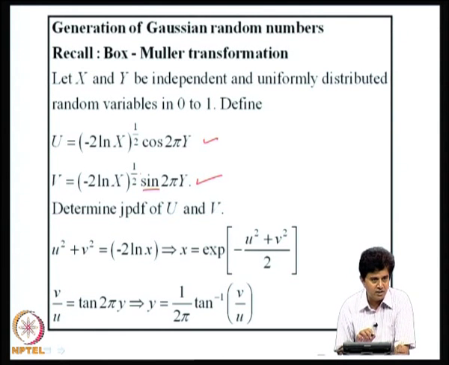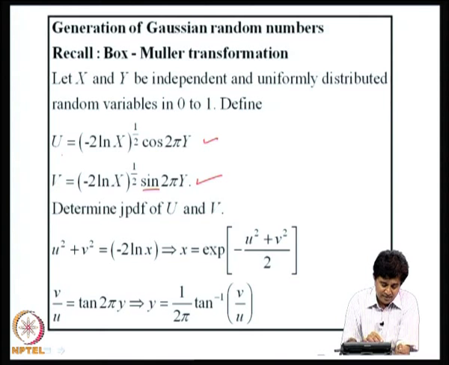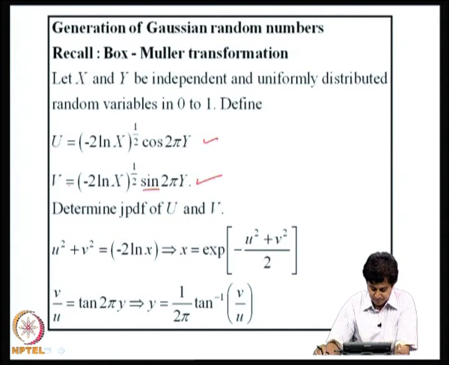Generation of Gaussian random numbers, once you know how to generate uniform random numbers, is reasonably straightforward. Again, if your random number generator for uniformly distributed random numbers is bad, it will get into u and v also. So, you have to be careful.